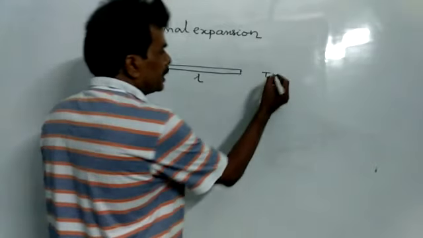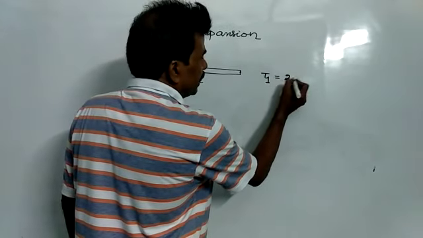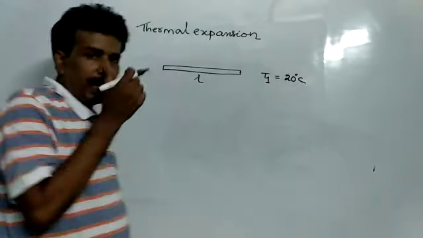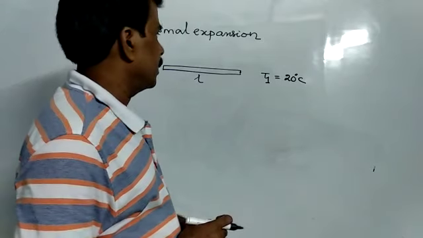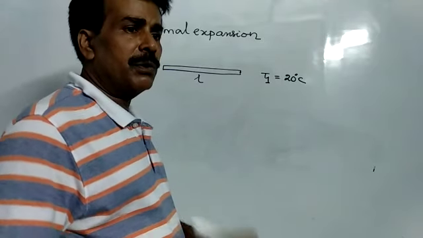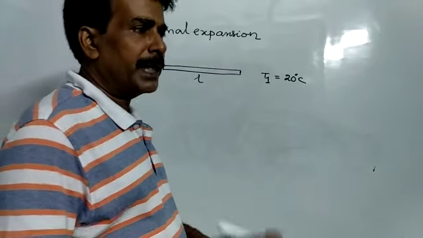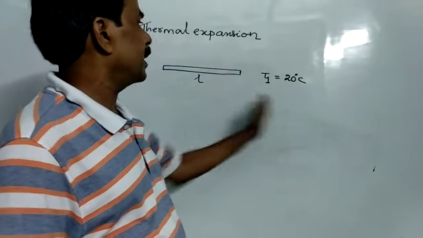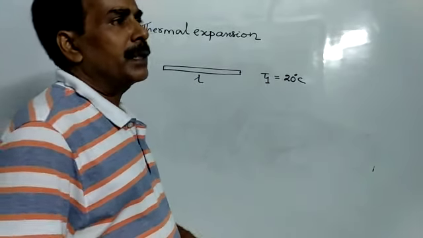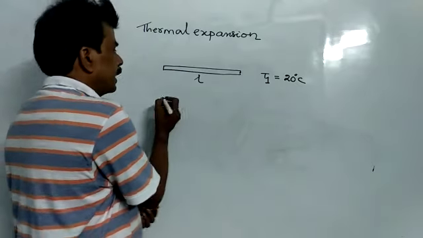Let us say this T1 is 20 degree centigrade. We have increased its temperature. Whenever temperature is increased, we know that its length is increasing, which is our linear expansion.